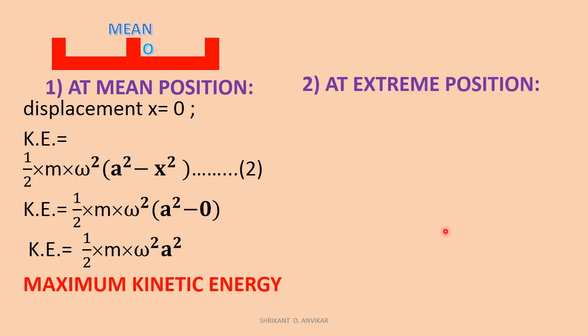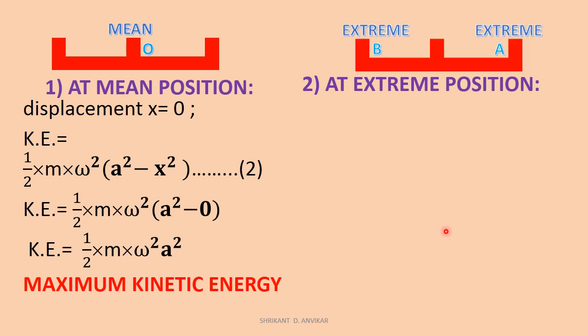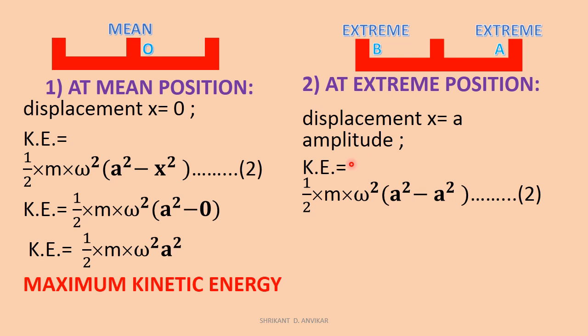Now we calculate the kinetic energy of the particle at extreme position. In simple harmonic motion, we know extreme positions are denoted by A and B. When the particle is at extreme position, displacement of the particle is equal to amplitude. Now substituting the value of displacement in equation number 2, we get kinetic energy equal to 1 by 2 m omega square (A square minus A square).